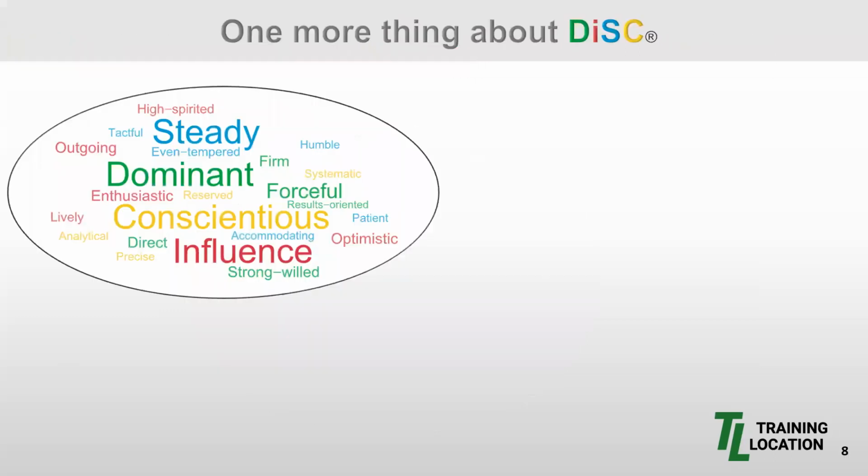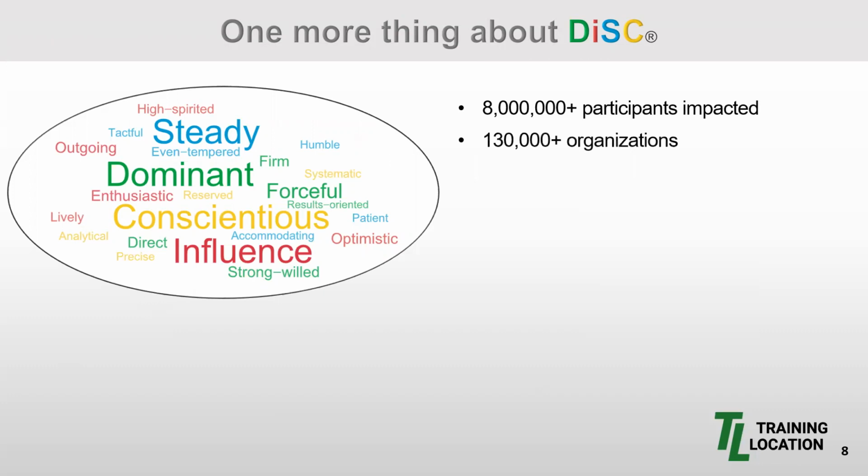So I hope this overview has increased your awareness, knowledge, and familiarity of the DiSC, and specifically the dominant influence style. Whether your needs are leadership, onboarding, culture change, team building, or just simply communication, DiSC is the research-based, proven leading training solution. It's impacted more than 8 million learners in over 130,000 organizations and through 14 languages in over 70 countries worldwide.